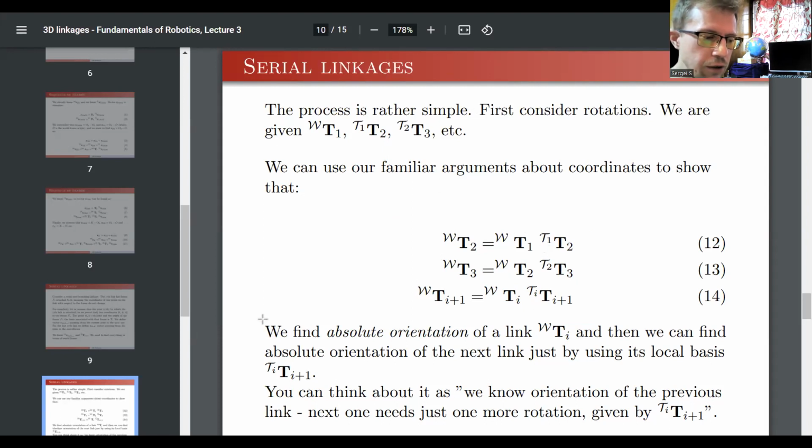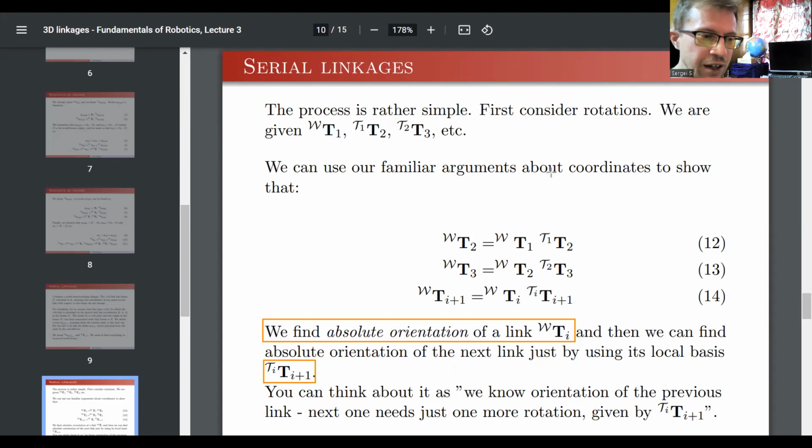Thus we found the absolute orientation of the link i, which is T sub i expressed in omega, in the world frame. Once we know it, for the next basis, we just rotate it by a relative orientation, or by a local basis, if you want.